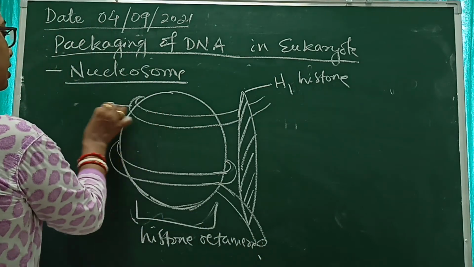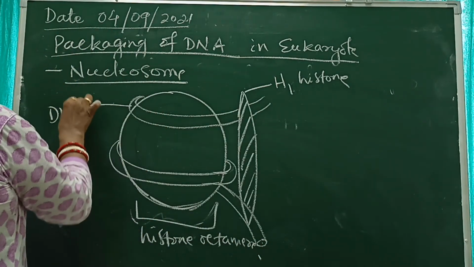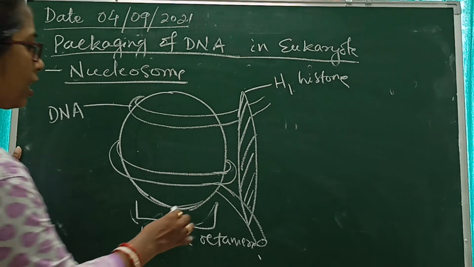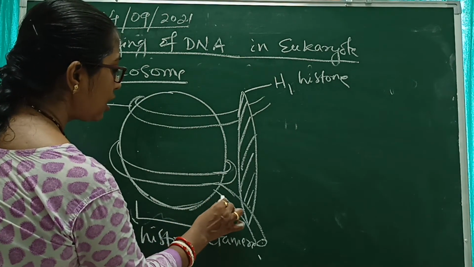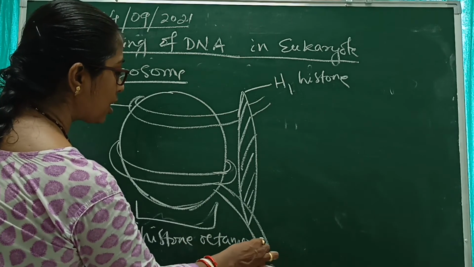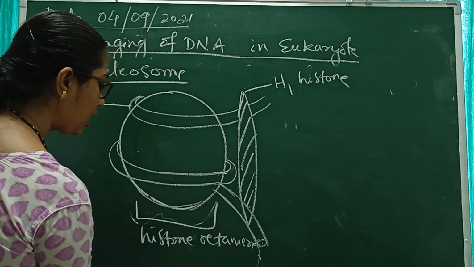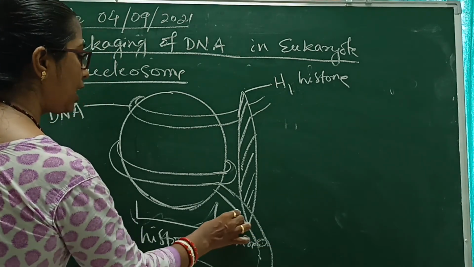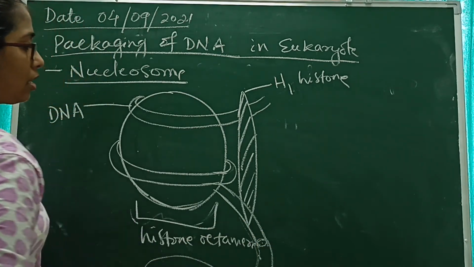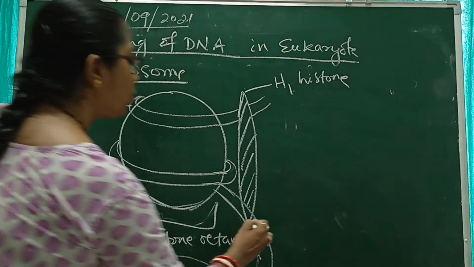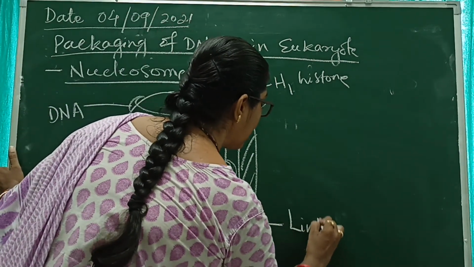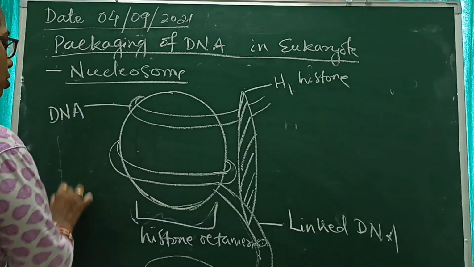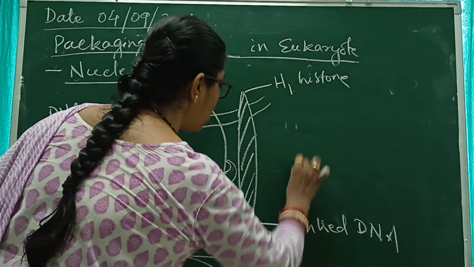Okay, and this is the DNA, and this DNA is of 200 base pair. Now you can see this is the part of DNA that is projecting out. Now it will come and again form another nucleosome. So this portion of DNA which is not forming the nucleosome is known as linker DNA. Okay. So the whole structure is the nucleosome.